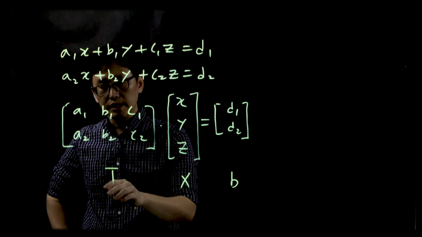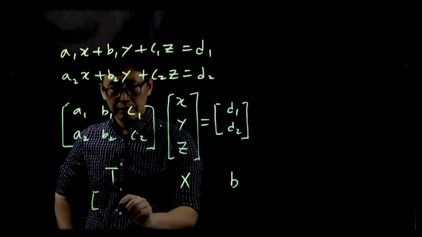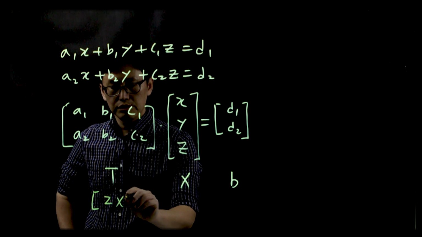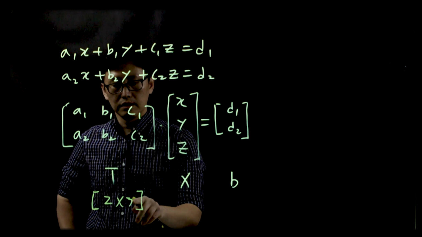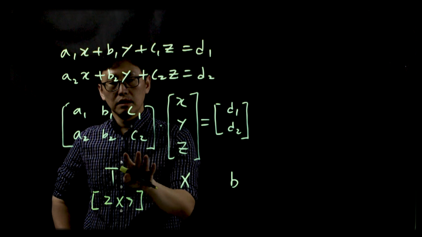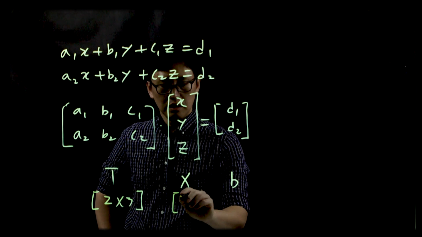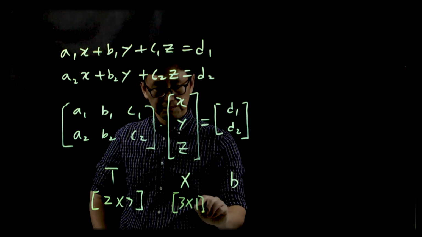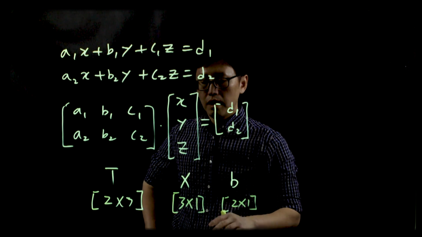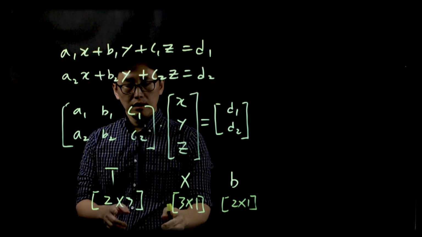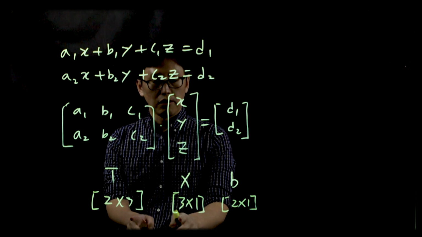For example, this T matrix has dimension 2 times 3. Here the first argument is the number of rows, and the second is the number of columns in the matrix. And this is 3 times 1, and this is 2 times 1. The rule that I mentioned is that the numbers adjacent to each other should always be the same.